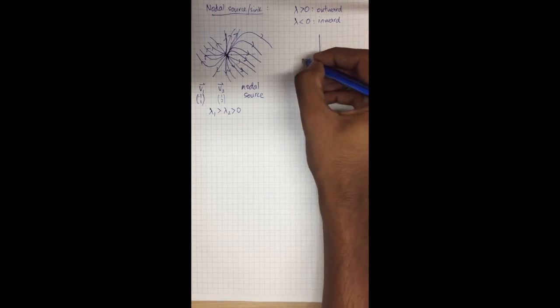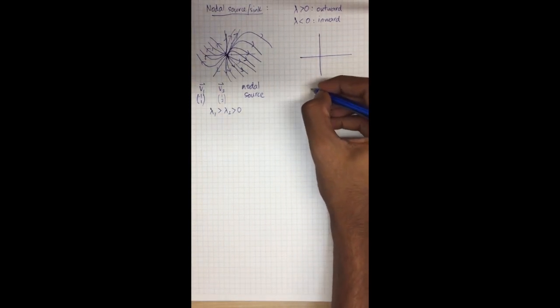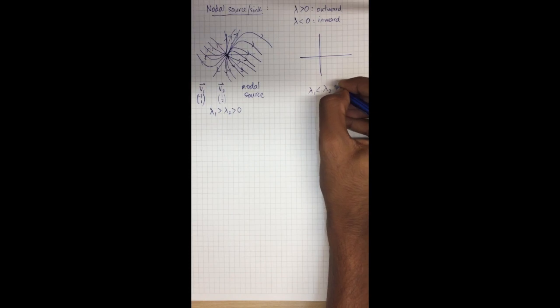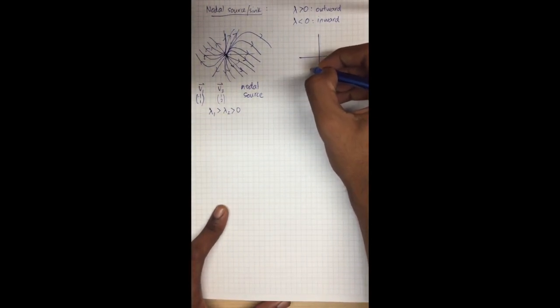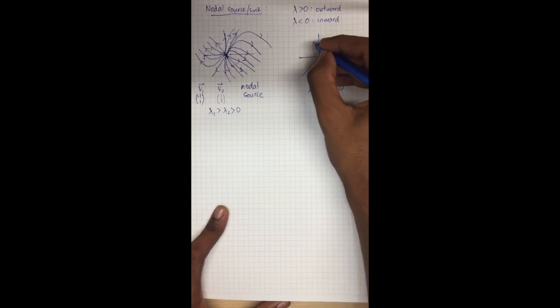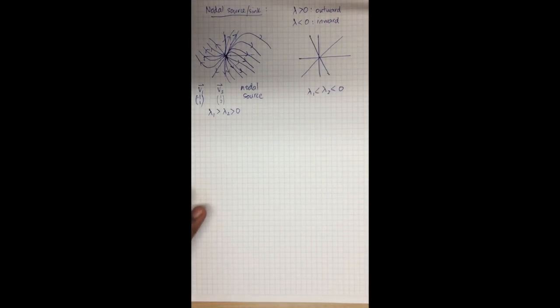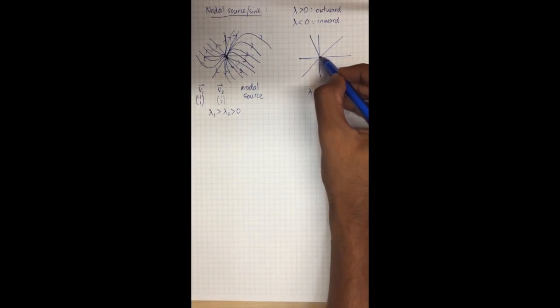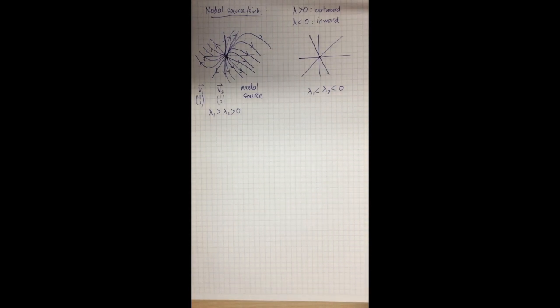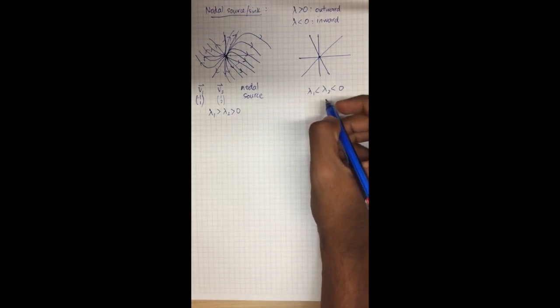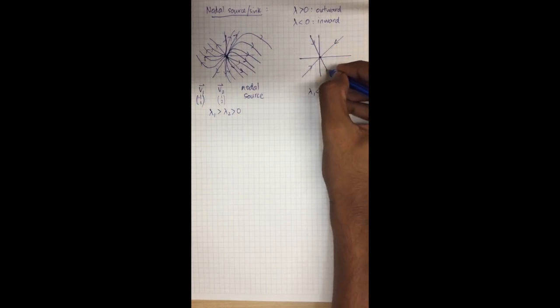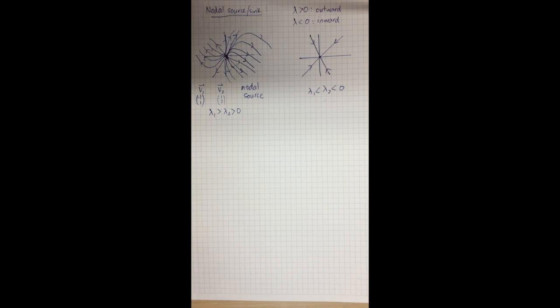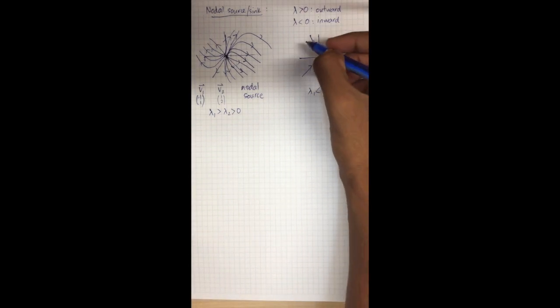In the second case, we have when both lambda 1 and lambda 2 are less than 0, when they're both negative. So again, I'm going to draw my eigenvectors first, and they should all pass through the origin. I'm going to look at my eigenvalues. They're both negative, so they're both going to come inwards now. It's going to be pulled towards one of them.